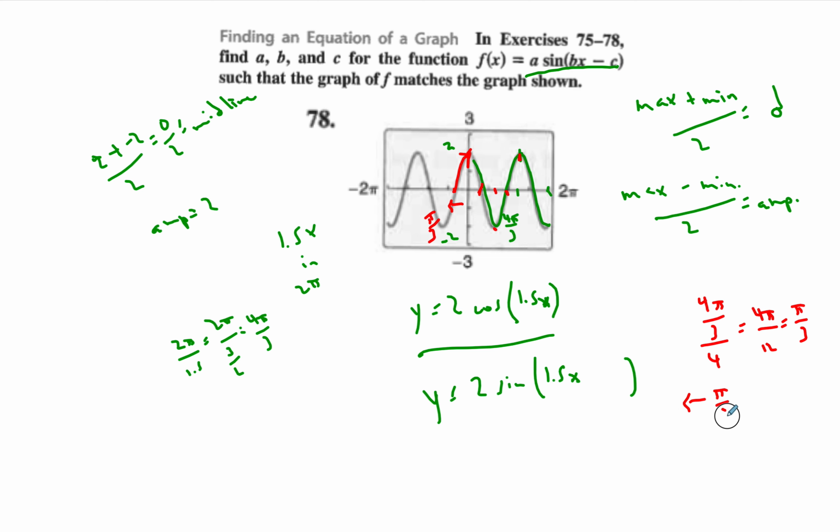But what I need to do is 3 halves x, right? Plus, so this is 3 halves times pi over 3. So 3 halves times pi over 3. So that's plus pi over 2. These two are the same, and I'd be fine if you just left it like that. In fact, that's a little clearer, but this is also acceptable and fits how they want you to write it.